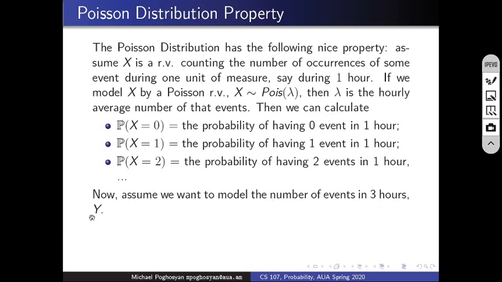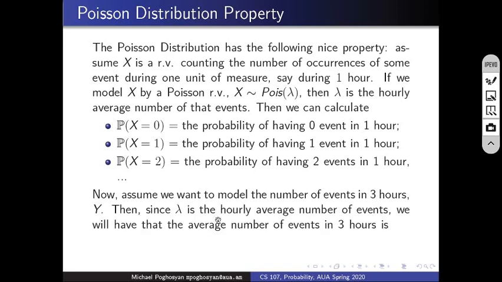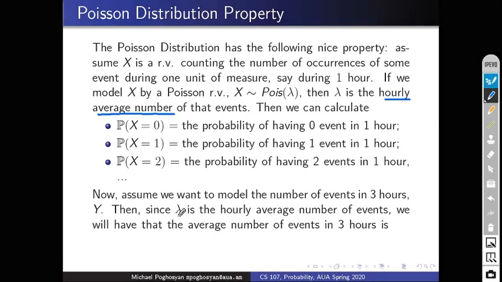So assume we want to model the number of events in 3 hours, call it Y. This is very easy to do in Poisson modeling because lambda is the hourly average number of events, so in 3 hours the average number of events will be 3 lambda.